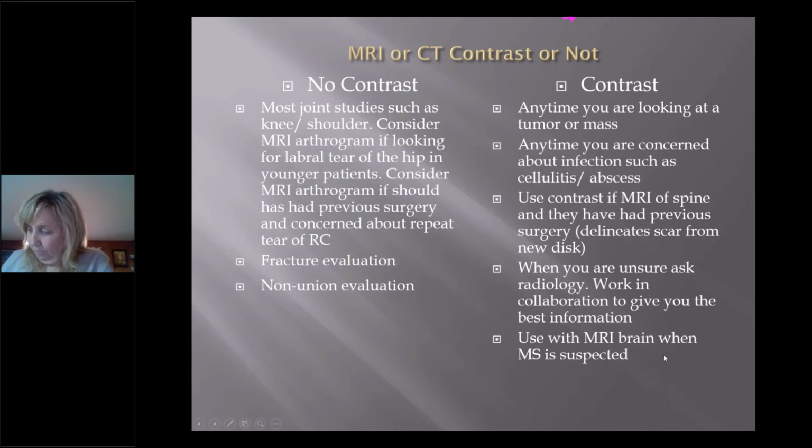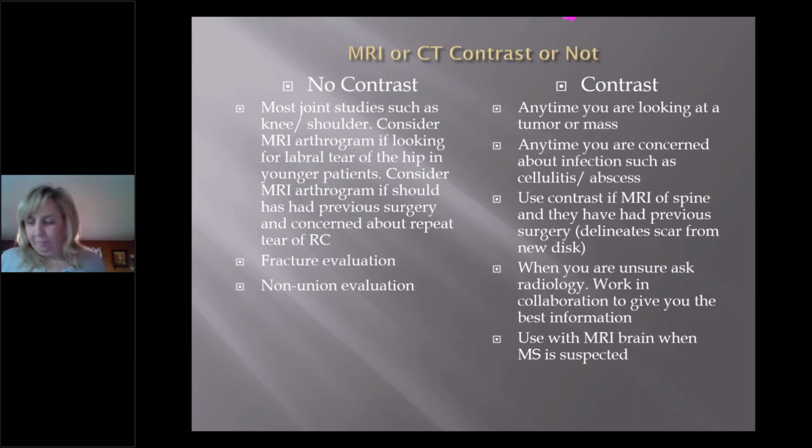And then when you're doing an MRI of the brain, especially if you're looking at it from an MS perspective, you need to utilize contrast because it'll tell you if there's inflammatory changes consistent with acute infarcts or acute demyelinating process. That can help ascertain and meet some of the McDonald criteria for multiple sclerosis.